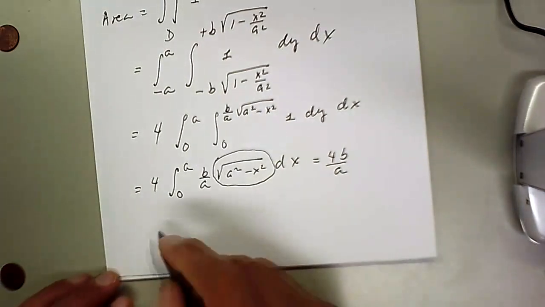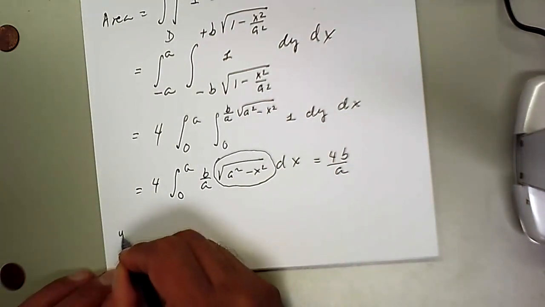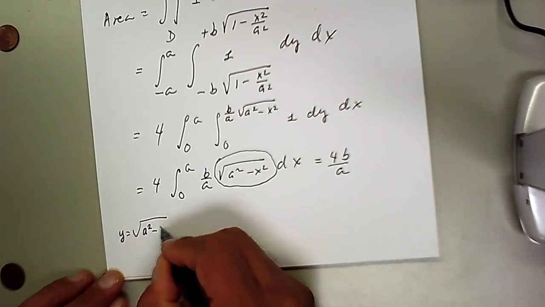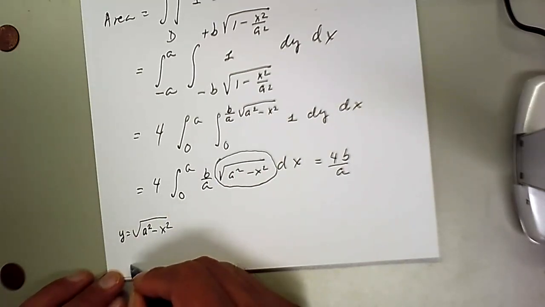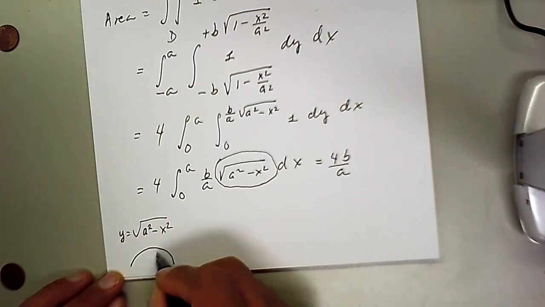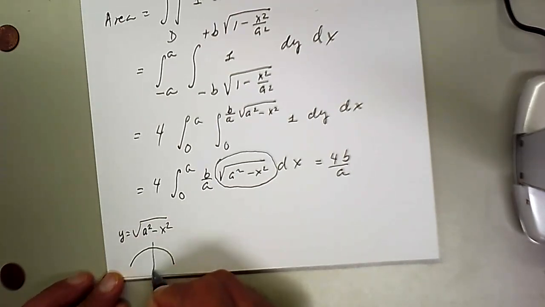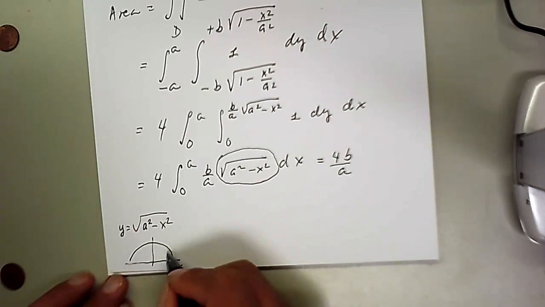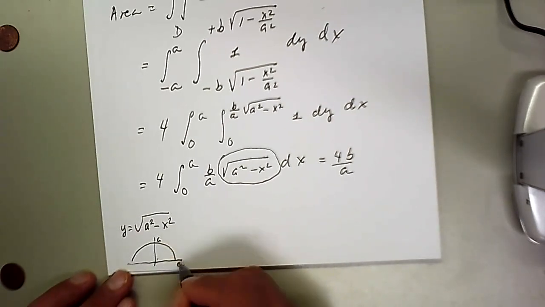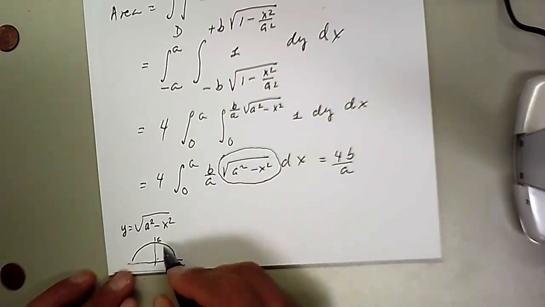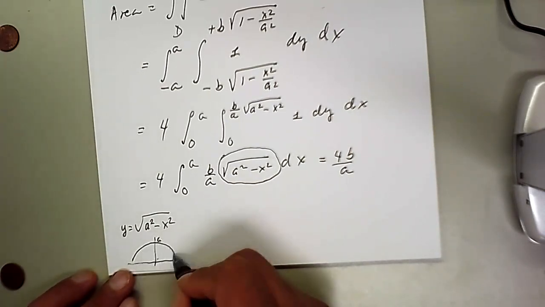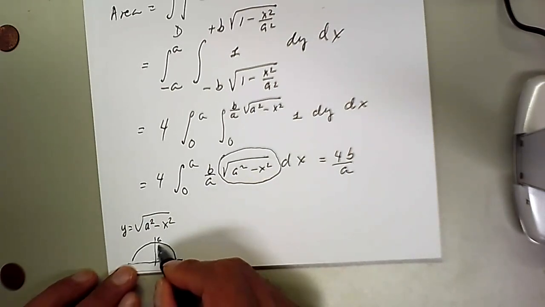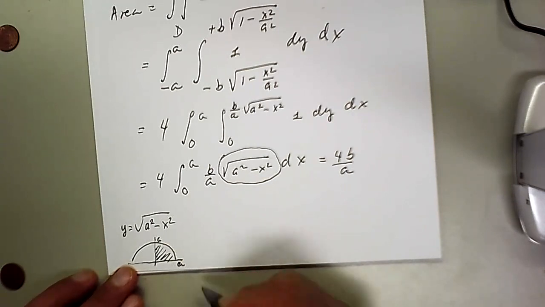So let me just show you. If you draw y equals the square root of a squared minus x squared, again, that is the upper half of a circle, not an ellipse anymore. It is an actual circle of radius a. So it goes up a, to the right a, to the left a. Well, not down because this is just the upper half of this circle. If we integrate from 0 to a, we're just getting a quarter of a circle of radius a.